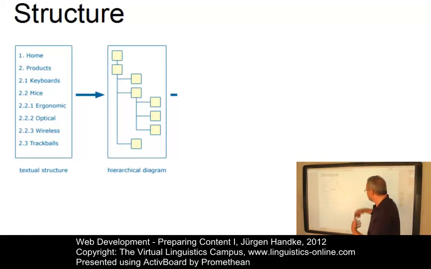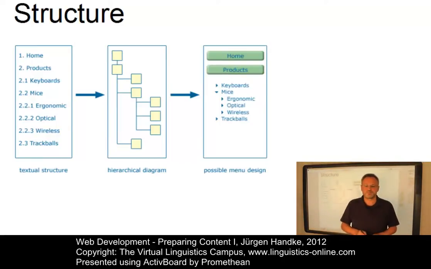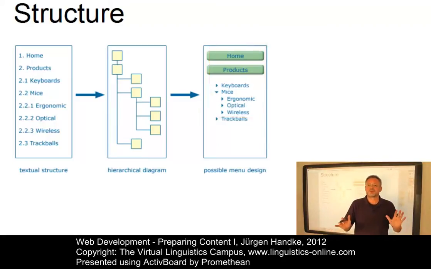Well, and the hierarchical structure then can easily be converted into a possible menu design for the web. And the menu design already utilizes elements assumed to be known by possible users, such as arrows and buttons for the structuring of the items. This is only a suggestion.